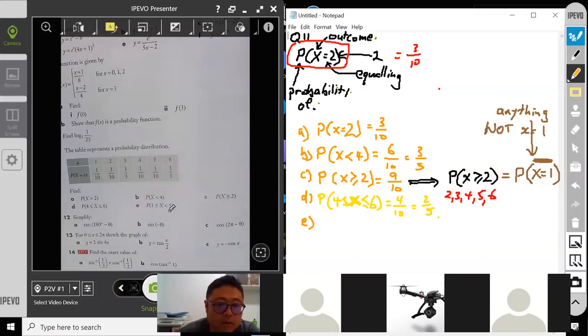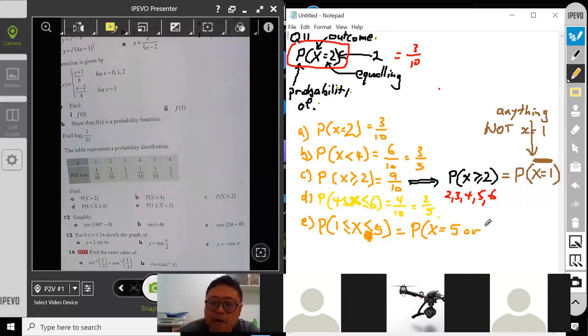I got 7 out of 10. Yes, that's right. So what would be a way of writing the same thing in a complementary way? The probability of X greater than 4.